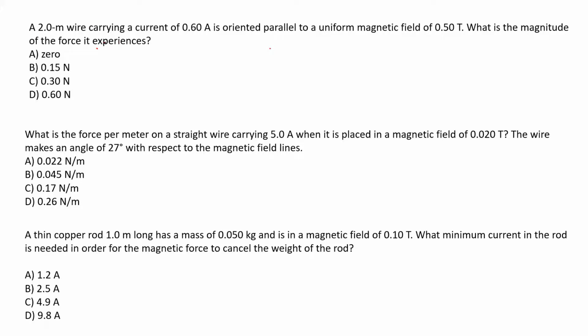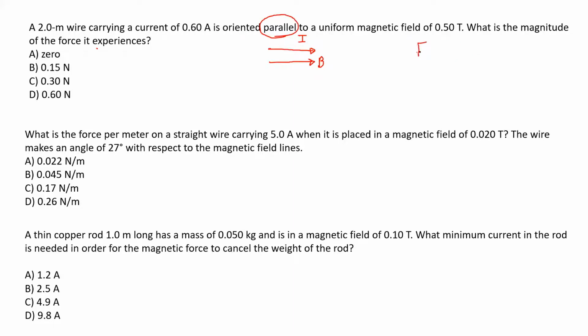So I'll start with the first one. A 2-meter wire carrying a current of 0.6 amps is oriented parallel to a uniform magnetic field. So if your current is like this, your magnetic field is also like this, right? That's what they are saying. It is parallel.